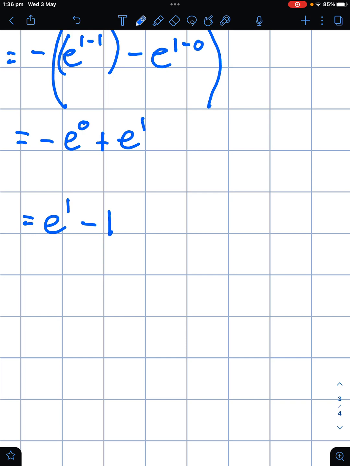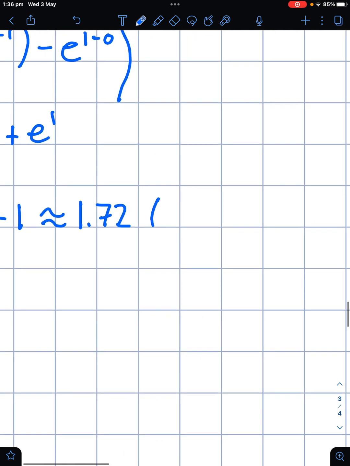Now that is approximately equal to, so I've got my graphics calculator and I've got shift e to the 1 minus 1, and it's approximately equal to 1.72, and that is 3 significant figures.